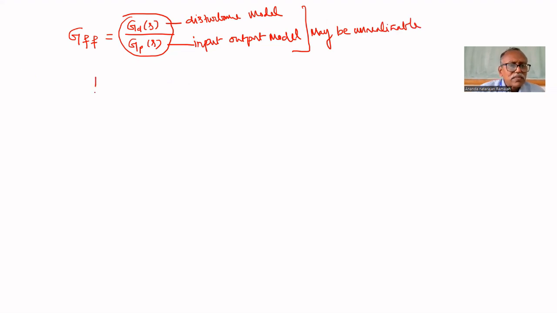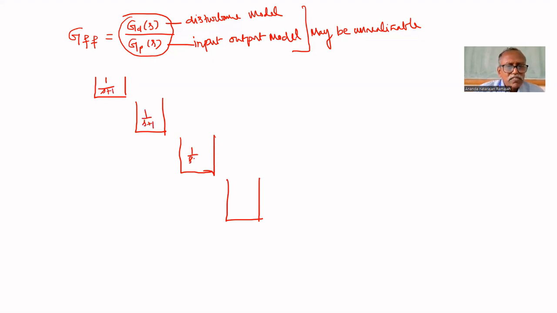On the day, what we have seen is we are having 4 tanks. The mathematical model of each tank is 1 upon S plus 1. The composition control of the last tank, the 4th tank, has to be controlled. For that, the reagent is added in the second tank.